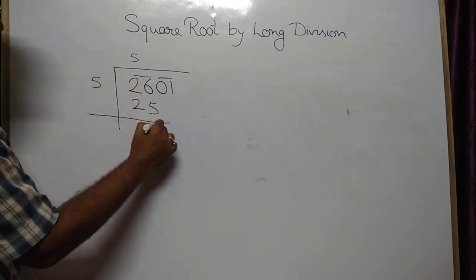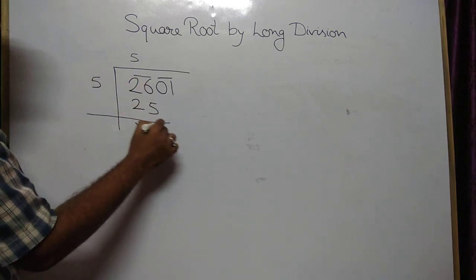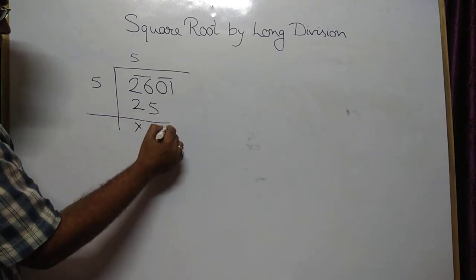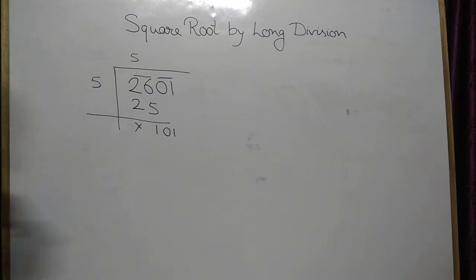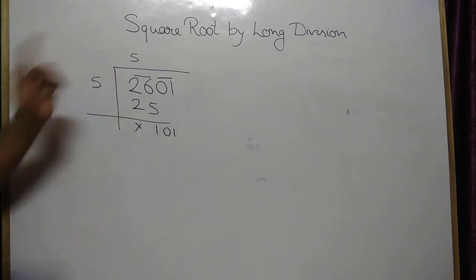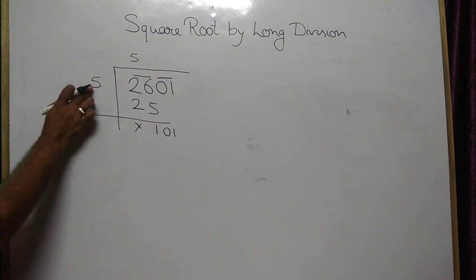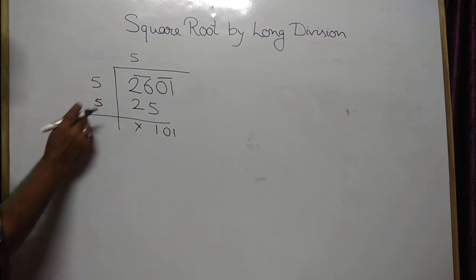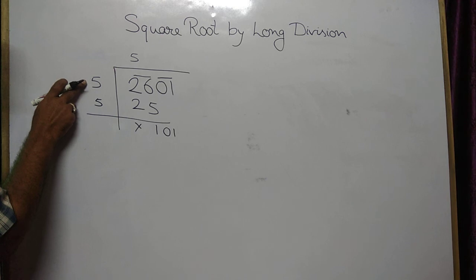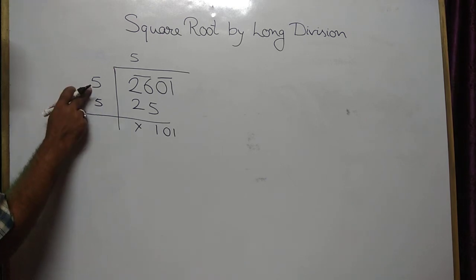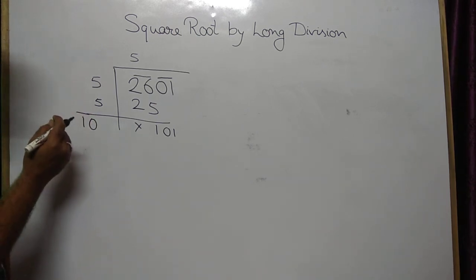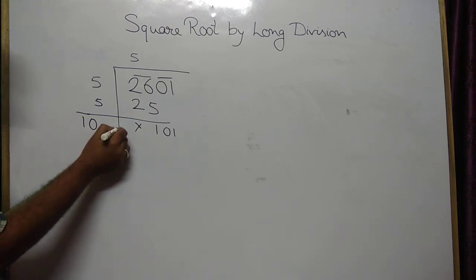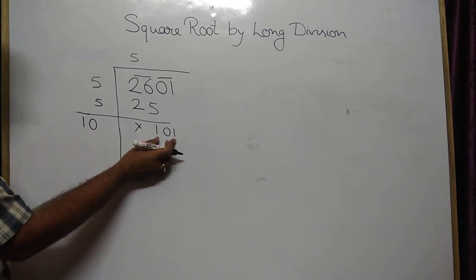Now we subtract accordingly and bring down the complete pair 01. This is a normal division. In the second step, we add this 5 to the divisor, so here we have 10. Write it a little to the left so that you have space. Now here we have 101.